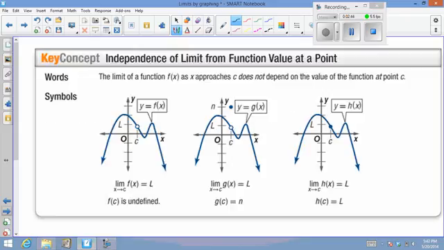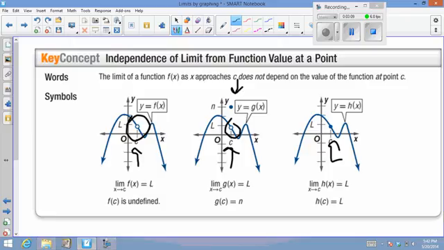And this is basically the independence of limit from function value at a point. Basically what that says is, if I have something that as I'm approaching c is the value that we're looking at in all of these different graphs here. If I look at c, as x gets closer and closer to c, my limit will be L, even if there's a discontinuity. Here, there's a discontinuity, and it even has a value that jumps up.